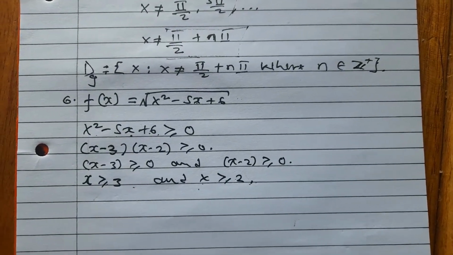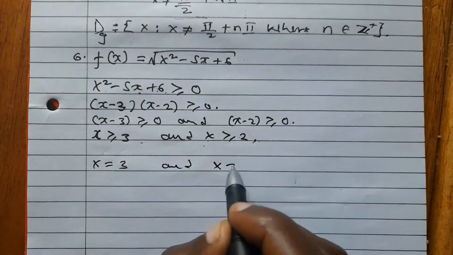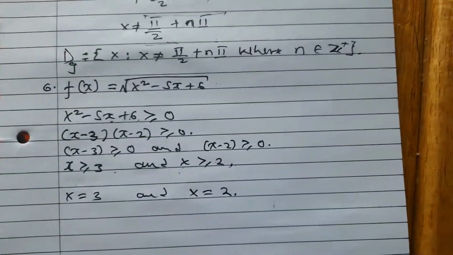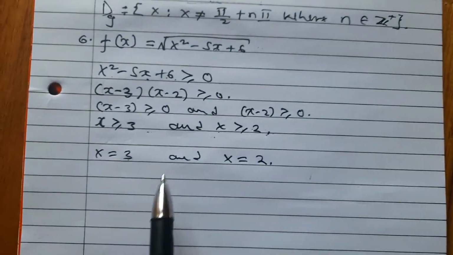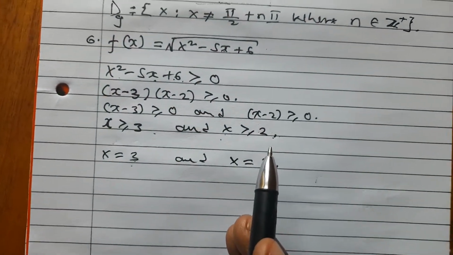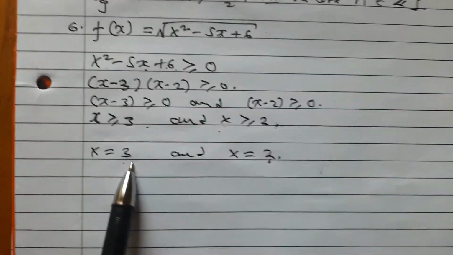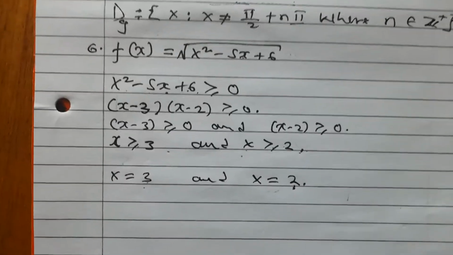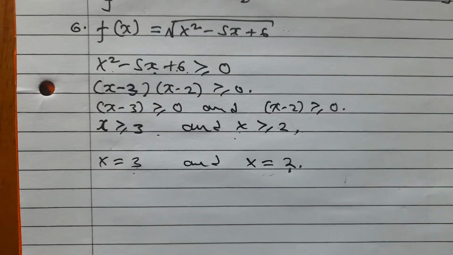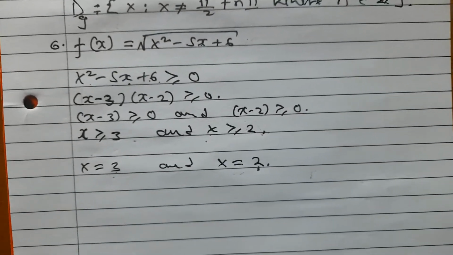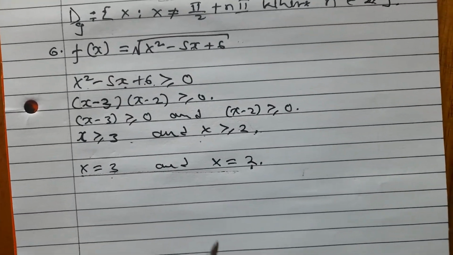I can first set x equal to 3 and x equal to 2 and test the values to the right of 3, the values to the left of 2, that is below 2, and the values in between 2 and 3, to see which values belong to the domain of this function and which do not. So with this, we can do the sign analysis test.